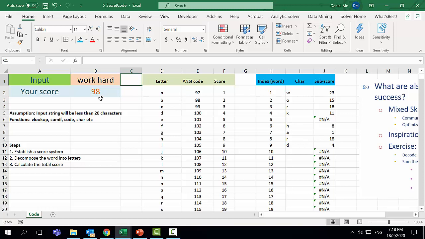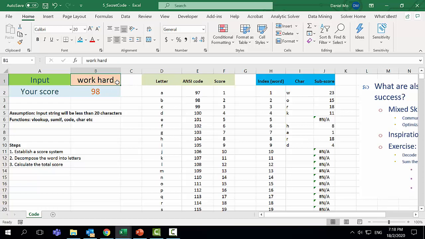What this means is, now every time I type in a word as a string into the computer, it will go through the score system here, identify the scores, and based on the characters retrieved, the score will come from the score system we have established. So now let's try.